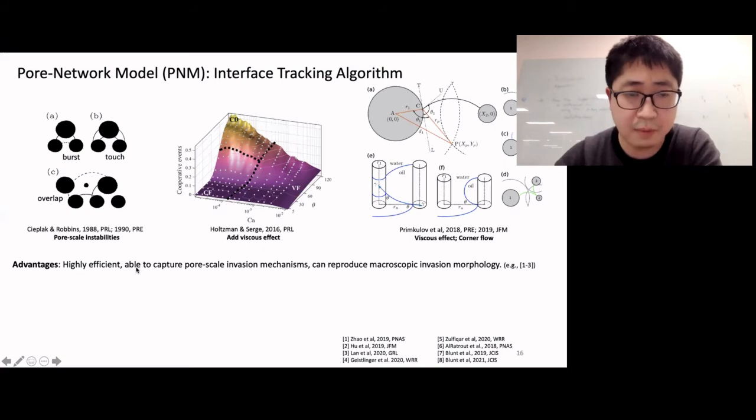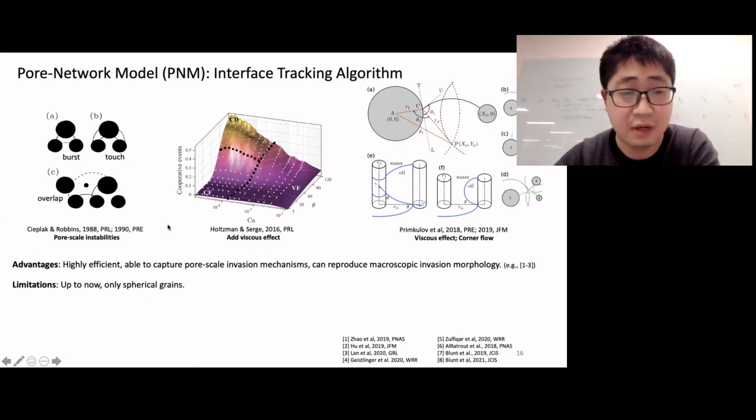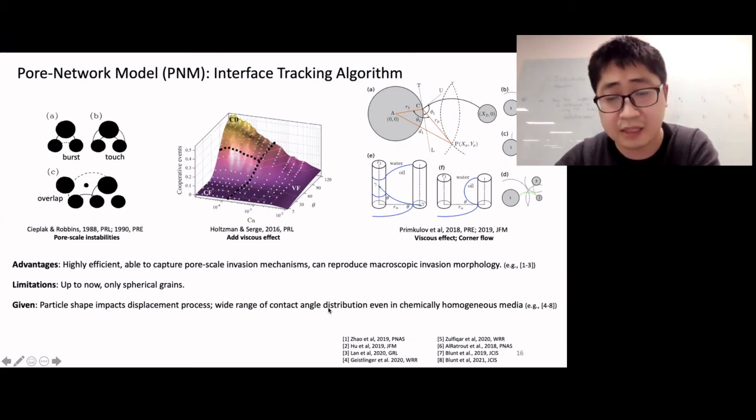It's able to capture the pore-scale invasion mechanisms and can reproduce the microscopic invasion morphology observed in experiments. But the limitation is that up to now, only spherical grains, or circles in 2D, can be simulated. Given that particle shape has been observed to impact the displacement process, and that a wide range of contact angle distributions is observed even in chemically homogeneous porous media.